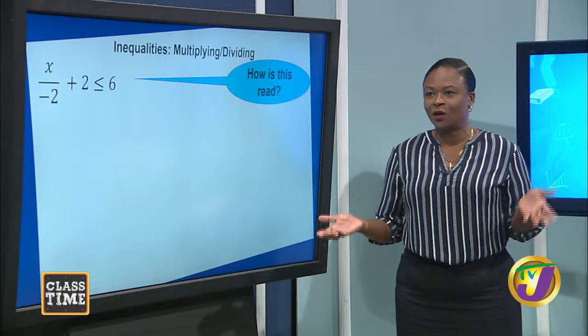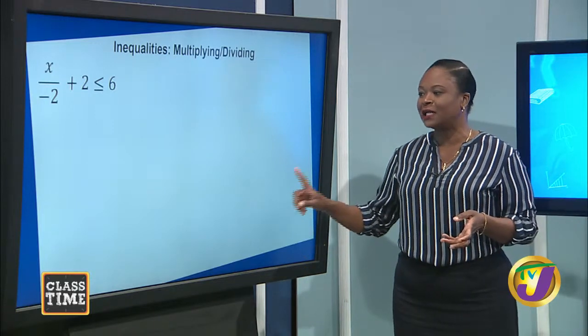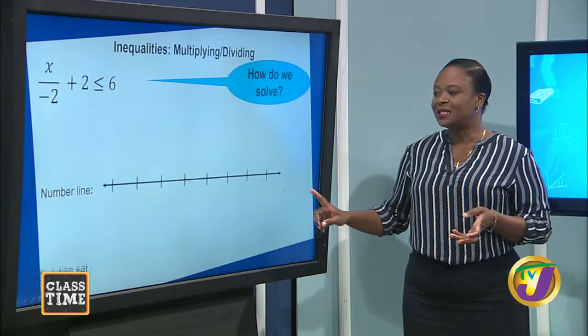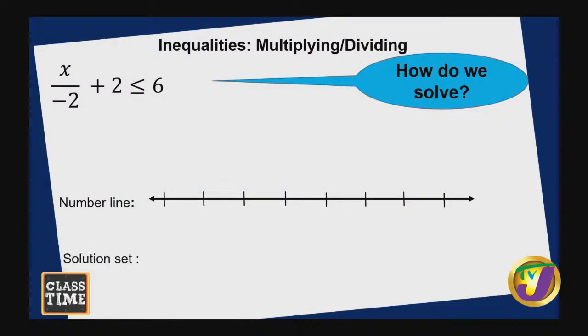And of course, we go back to our trusted number line in order to clarify our thoughts. This is what it looks like on the number line. And because the inequality has the line at the bottom, we have the shaded dot because it says greater than or equal to.